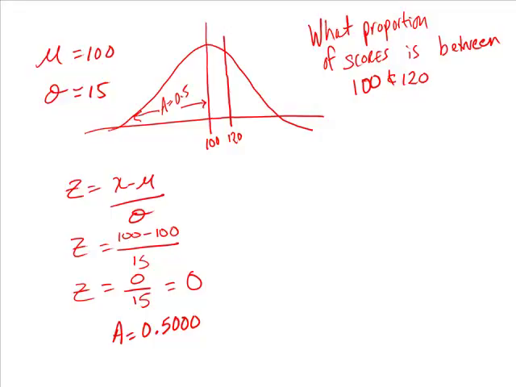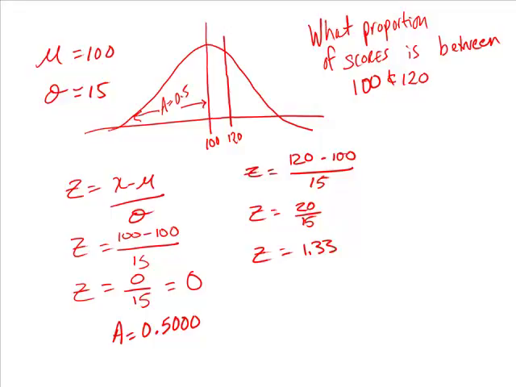Okay, so how do we do that? Well, we know this. Z equals 120 minus 100 over 15. Z equals 20 divided by 15. Z equals 1.33. Because it's 1 1/3.